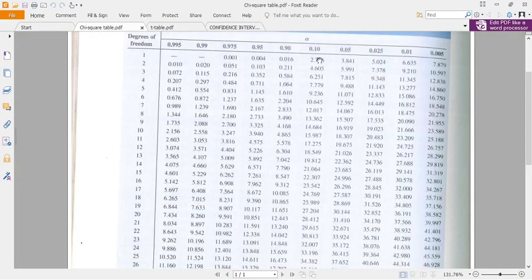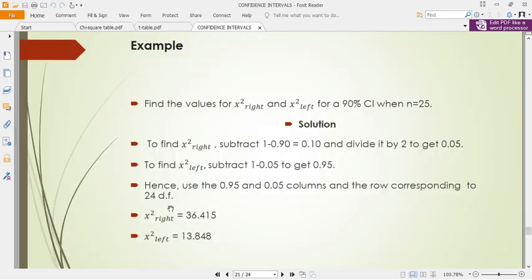So from our chi-square table, 0.05 is here, and then 24 degrees of freedom, which will be, I think, 36.415. Yes, so that is our value for x squared right, or chi-square right. Then chi-square left, remember we said we subtract alpha over 2 from 1.